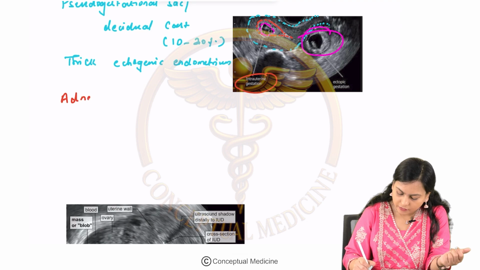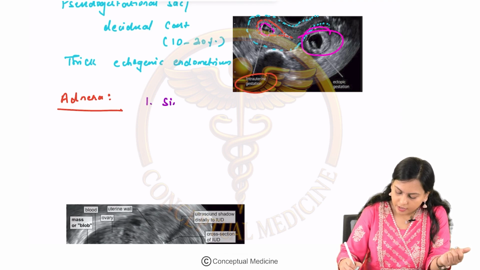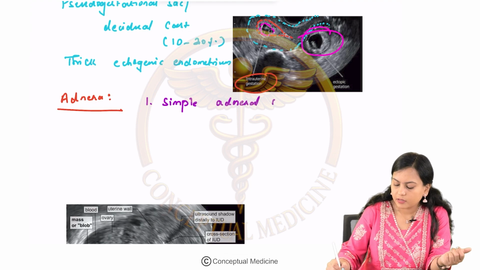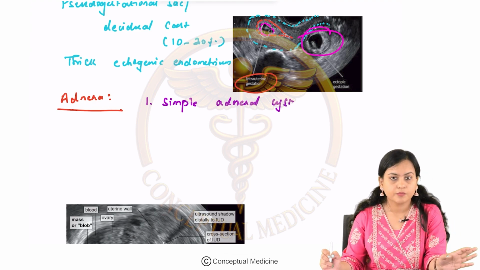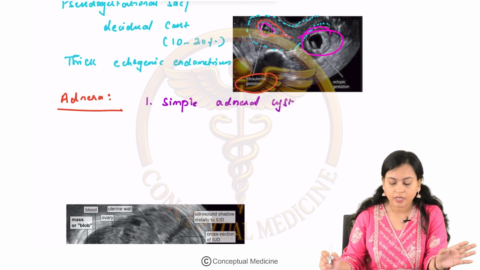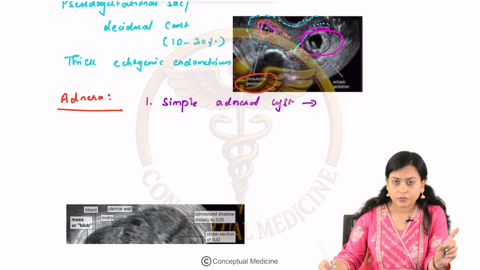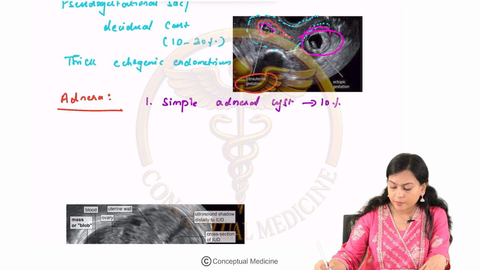When we check the adnexa, number one, if you see only a simple adnexal cyst, in that case also remember there is a 10% chance that it can be an ectopic.